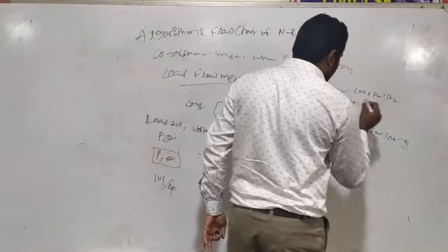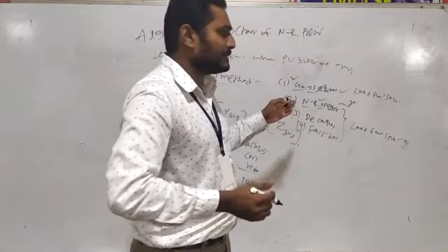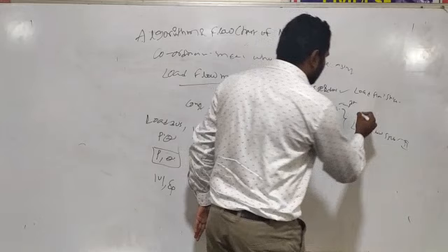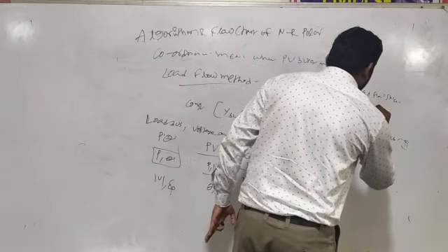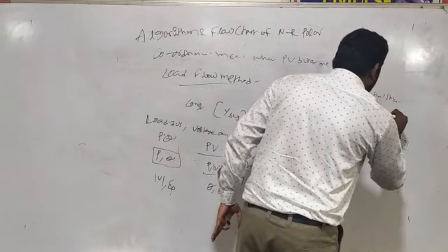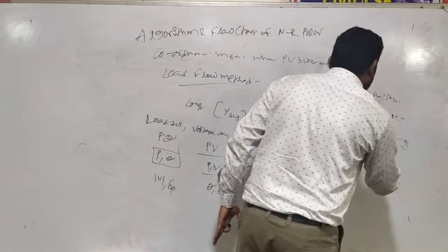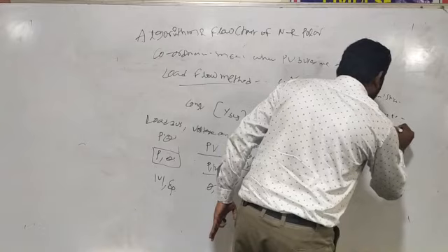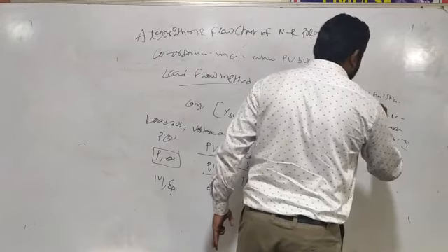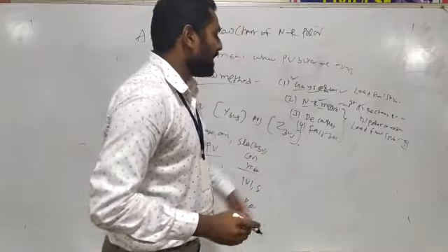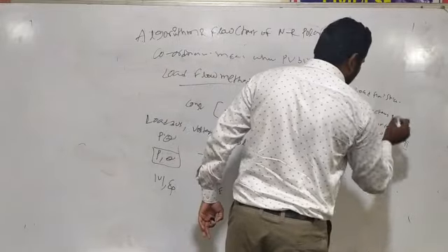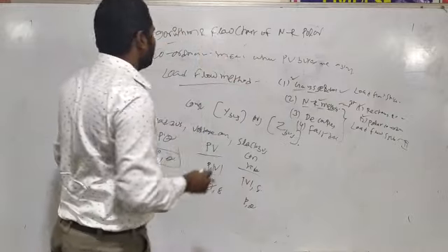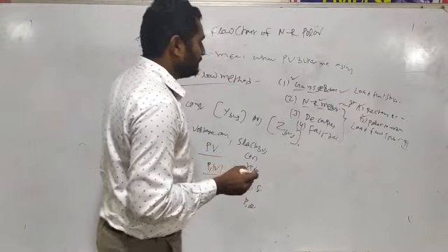The NR method is applicable to load flow solution in different ways: first, the NR rectangular coordinate method, and second, the polar coordinate method. The rectangular coordinate method is already discussed, and the polar coordinate method is also covered, but we have to think about the algorithm and flowchart of the NR polar coordinate method.